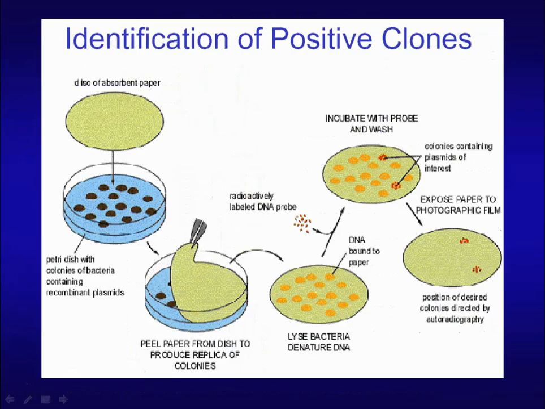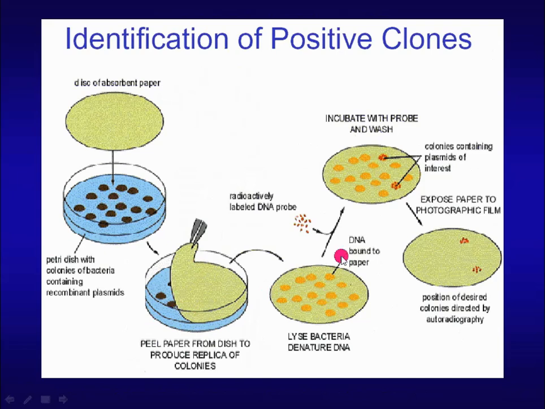To identify a clone from a genomic library, we place a disk of absorbent paper or membrane on top of a solid medium on which bacterial colonies grow. Peel paper from the petri dish. Now the paper contains bacterial colonies.